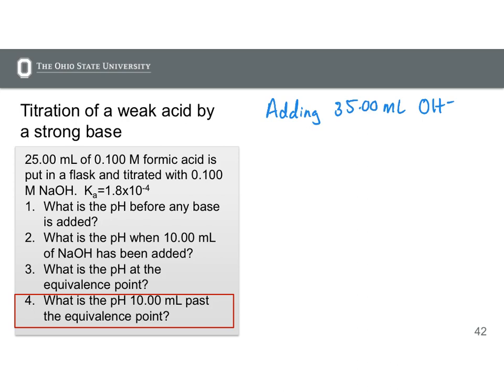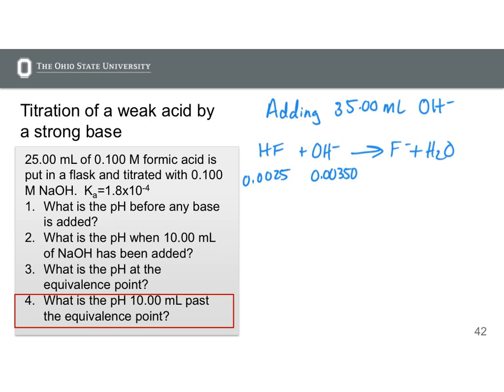So do this problem the same way essentially as the last problem. You set up a reaction table. And I'm going to go ahead and include my starting moles of HF, 0.0025, excuse me. And now we're adding 0.0035 moles of hydroxide.